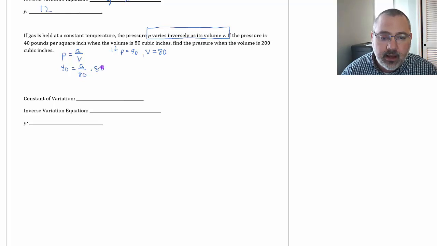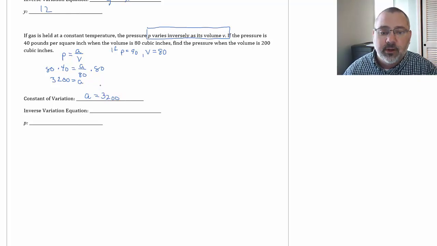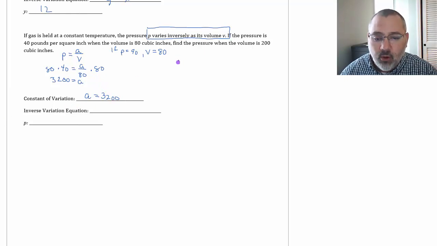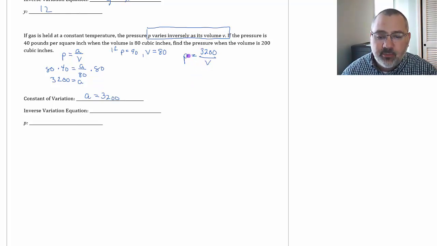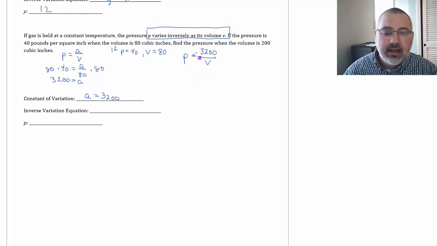We multiply by 80 on both sides, and we get 3,200 equals A. Our constant of variation is 3,200. Just a constant, just a number. Our variation equation, what we're going to use in the next thing, is P equals, A is now 3,200, divided by V. This is how the pressure and volume are related in this problem.